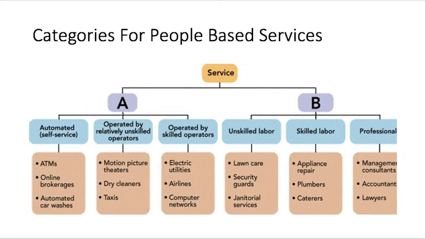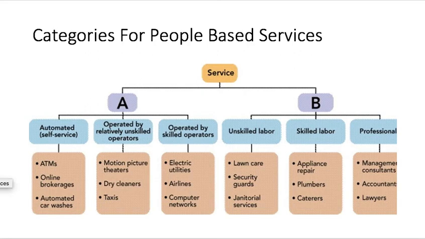Then again, on page 240, you can look at how people-based services are classified. So there are people-based services and equipment-based services. And so you can see that the 3 categories of people-based services are unskilled labor, skilled labor, and professional labor, and versus equipment, automated, operated by unskilled operators and operated by skilled operators.